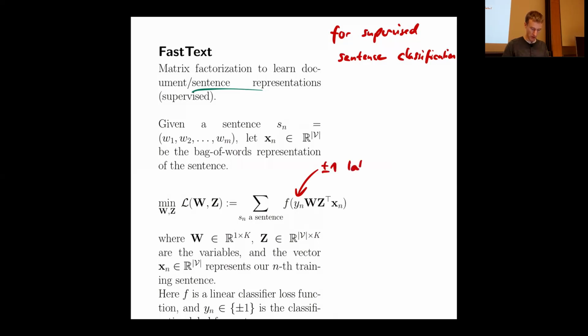Then, again, I'm trying to learn a matrix factorization, and I also have the text of the sentence, and here I will use the bag of words. So x_n is my sentence representation, and that's just going to be a 1 at the words which appear in my sentence, and 0 otherwise.